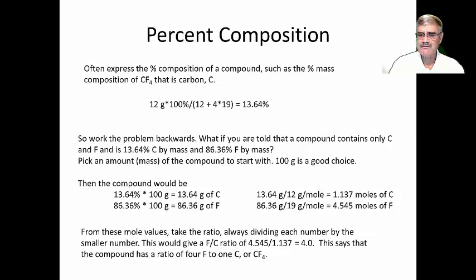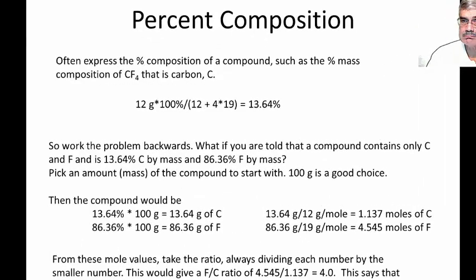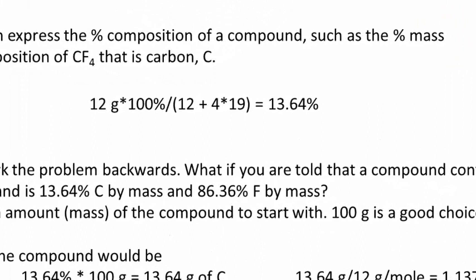And let's ask the question, for carbon tetrafluoride, what is the mass percentage of that molecule that would be carbon? Okay, how do we do that? Well, if we had 1 mole of carbon tetrafluoride, it would contain 1 mole, 12 grams, of carbon.